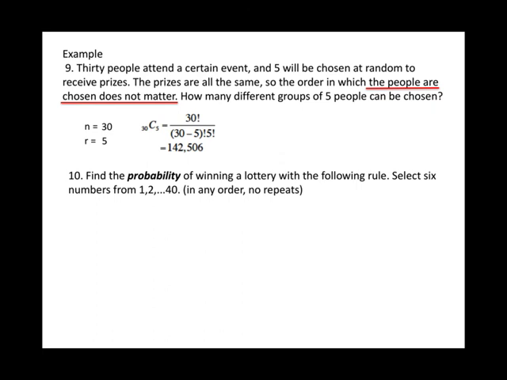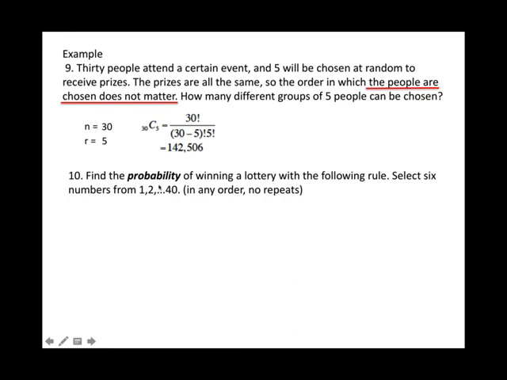For this one, we are looking for the probability, okay? Find the probability of winning a lottery with the following rule. Select 6 numbers from 1 to 40 in any order, no repeats. So again, when we talk about the permutation and combination, this is only talking about the total outcome. Right now, we are looking for probability.